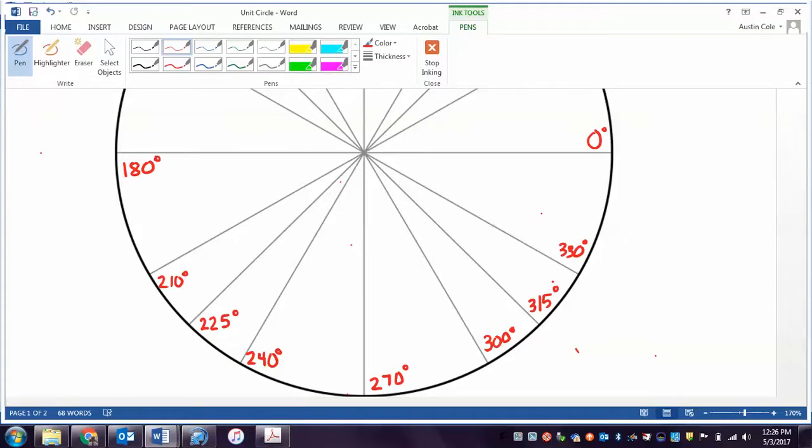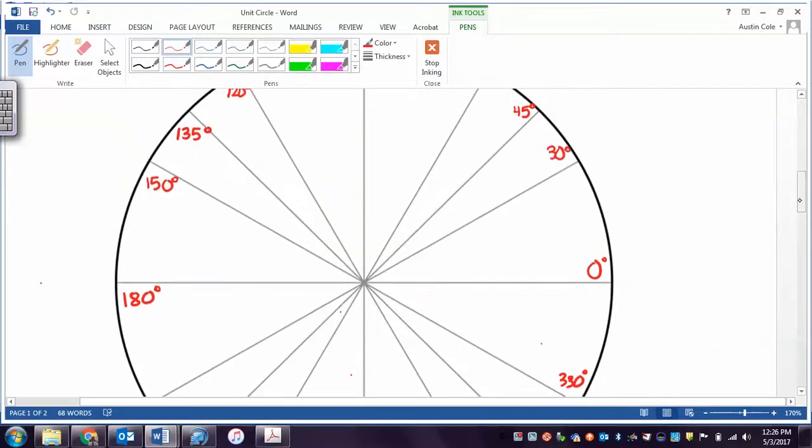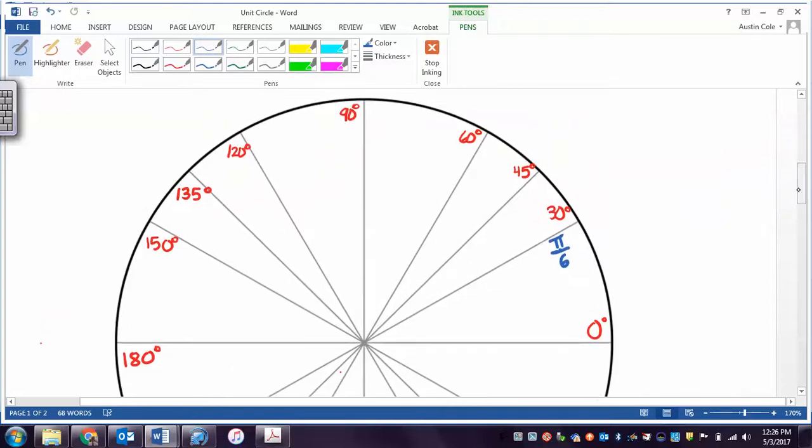Okay, Mr. Wentz is going to take over, and he's going to go over those same things, but in radian measures. So how many radians is 30 degrees? Pi over 6, exactly. How about 45 degrees? Pi over 4.